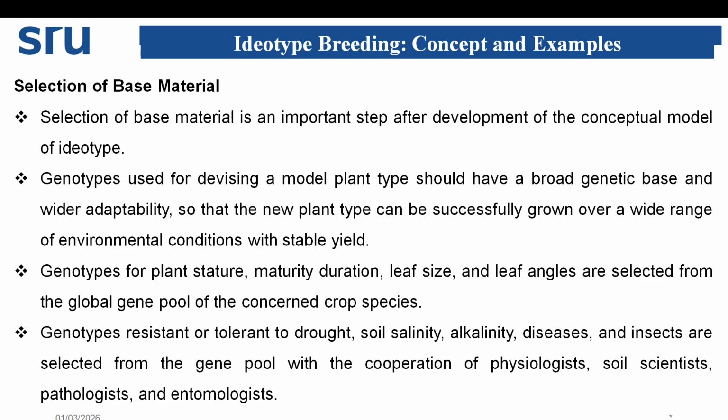Genotypes resistant or tolerant to drought, salinity, alkalinity, disease and insects are selected from the gene pool with the cooperation of physiologists, soil scientists, pathologists and entomologists.